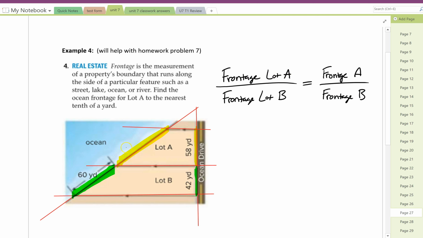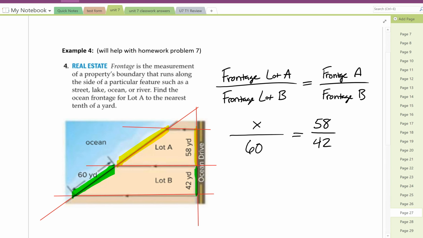All right, the frontage of lot A with the ocean is what we want to know, so I'm just going to call that X for now. The frontage of lot B with the ocean is 60. The frontage of A with Ocean Drive is 58. And the frontage of lot B with Ocean Drive is 42.